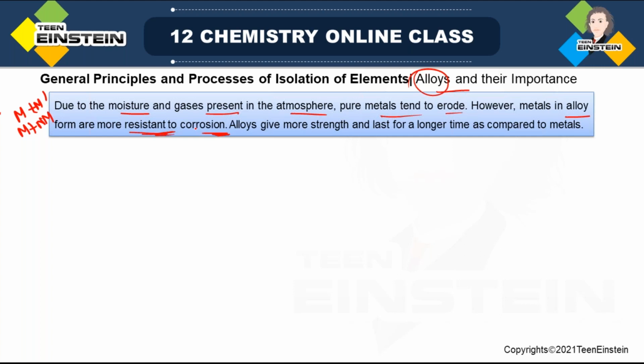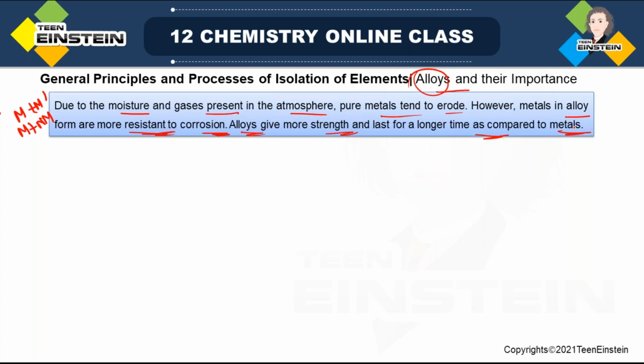If you compare pure iron and steel, obviously you will not get rusting from steel very easily. So longevity is increased. When you are making an alloy, it has more strength and lasts a long time compared to pure metals. So this is the purpose of making alloys.